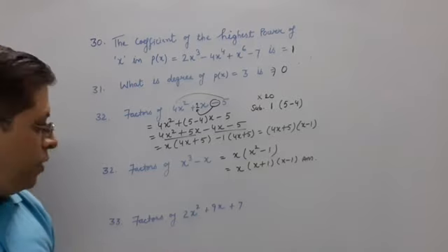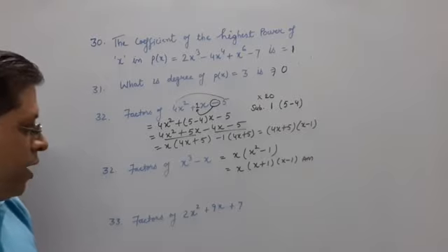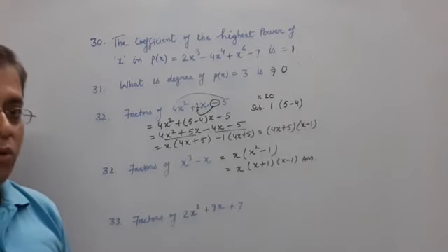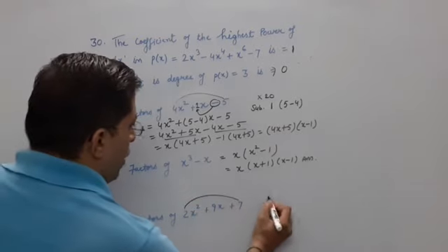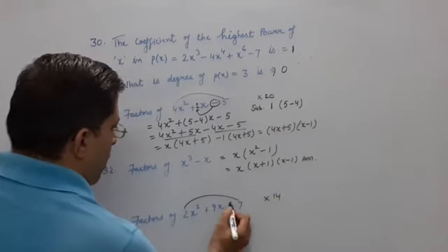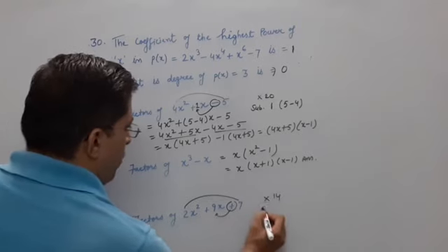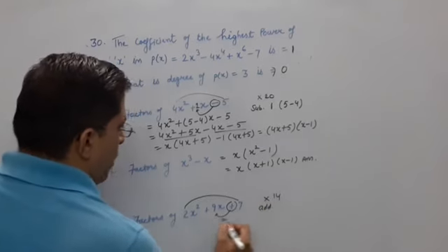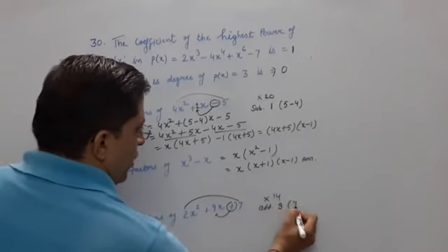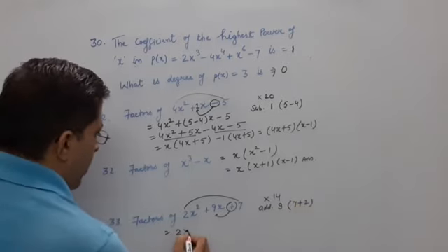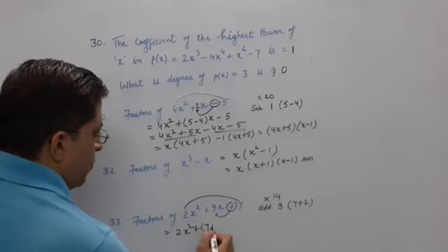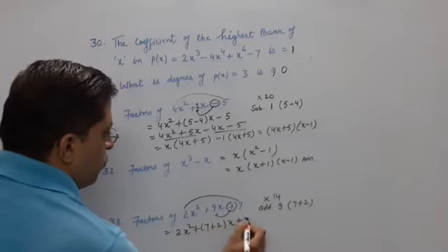Last one is, see, 2x square plus 9x plus 7. Okay, we can get it directly by the middle term splitting method only. So check it. After multiplication, I want 14, and after addition, I want 9. That is 7 plus 2. So 9 I am writing as 7 plus 2.